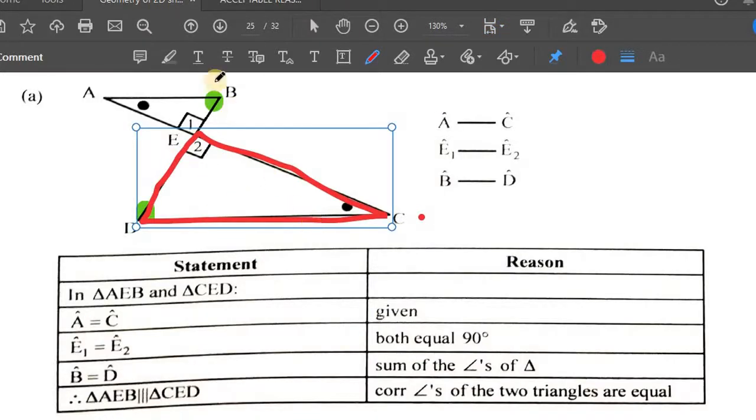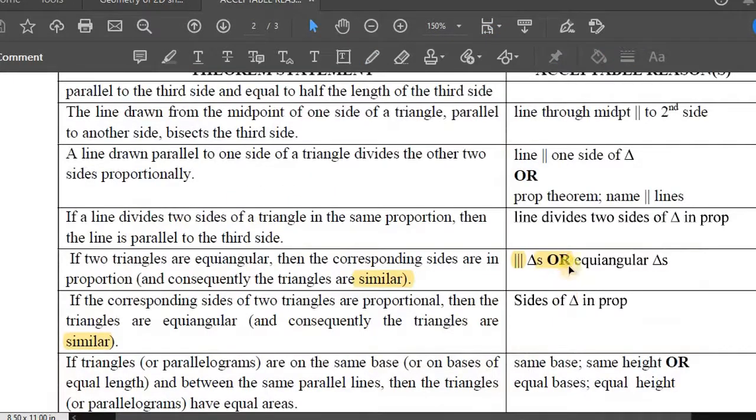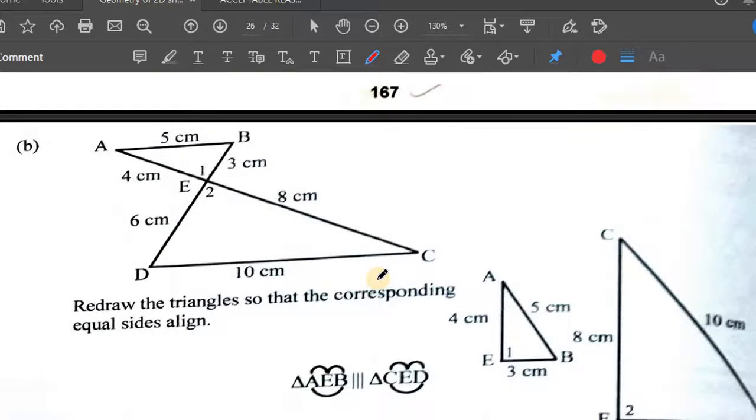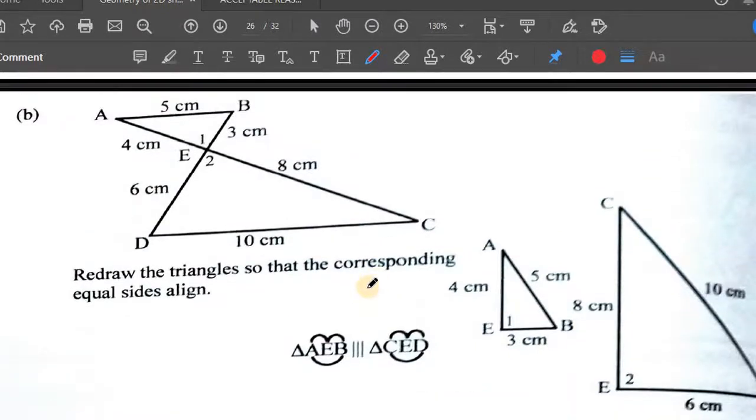We can give the reason as equiangular triangles, similar triangles are accepted, right? And then we are about to learn about when the sides are in proportion. You say sides of triangle are in proportion. Let's learn it now.